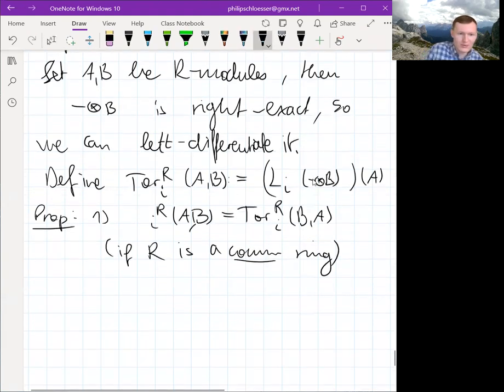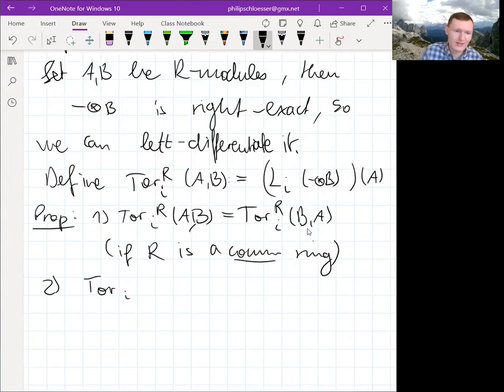Apart from that, this is basically just the fact that the tensor product is symmetric, and some zigzag lemma stuff that basically tells you how to work within a double complex.